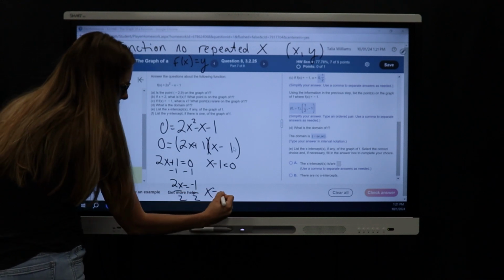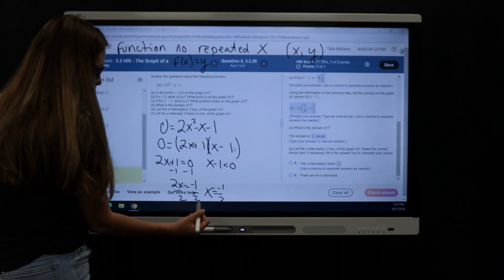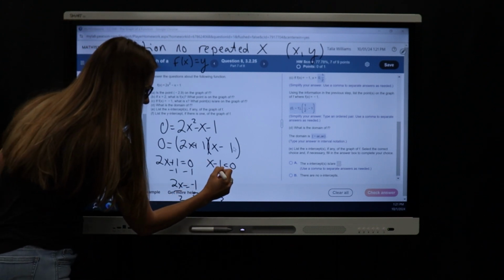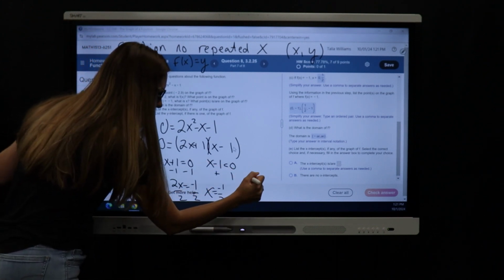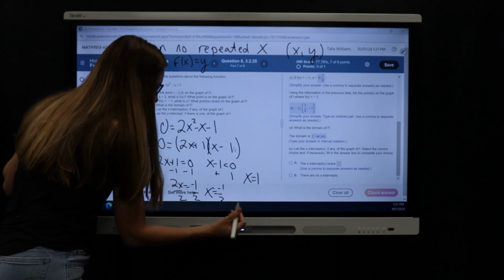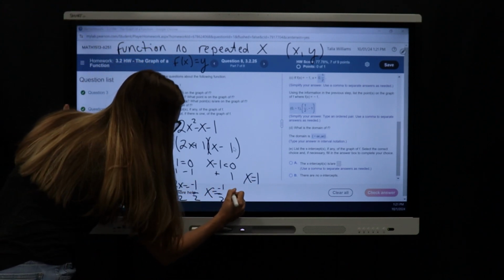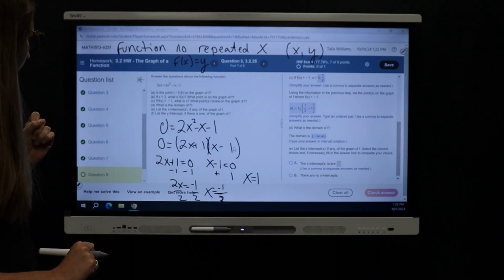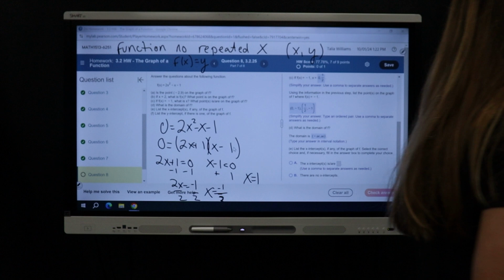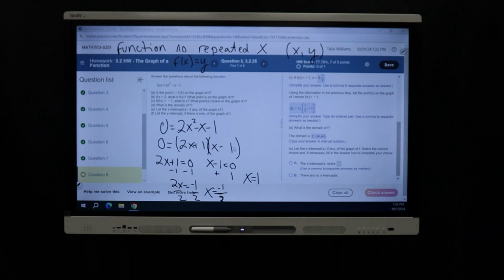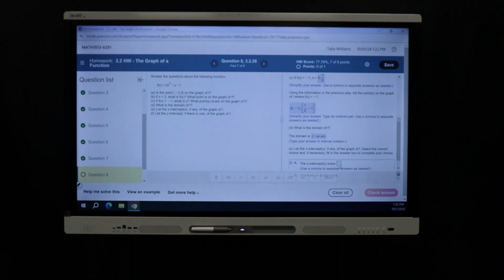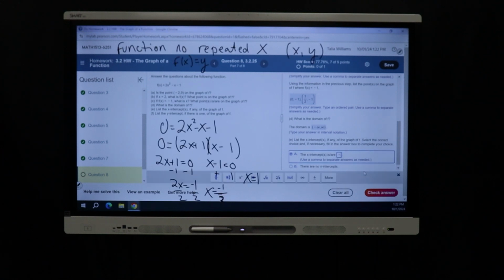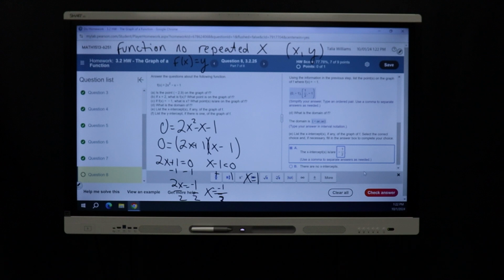So x equals -1/2, and then this one would be add 1, and x equals 1. So I have -1/2 and 1. And that's when y is 0. They don't want it as an ordered pair. Use a comma, so -1/2, comma, 1.